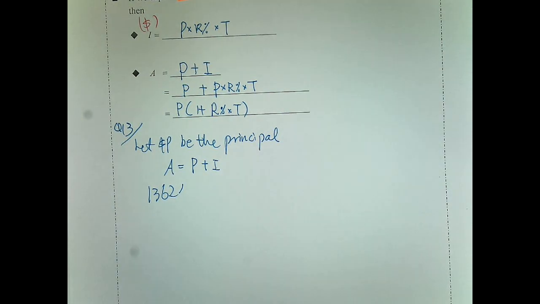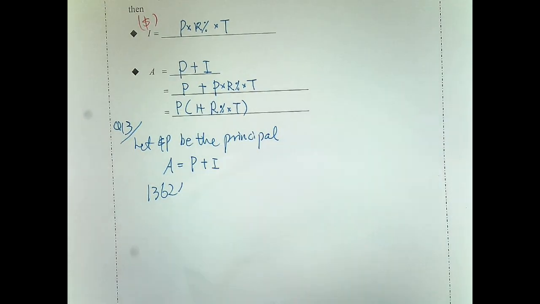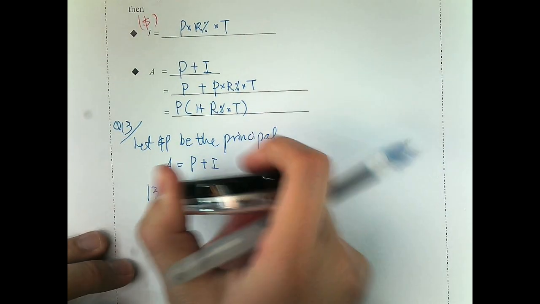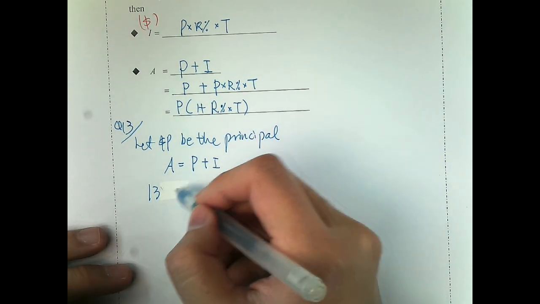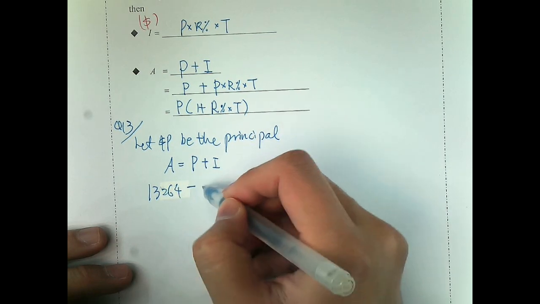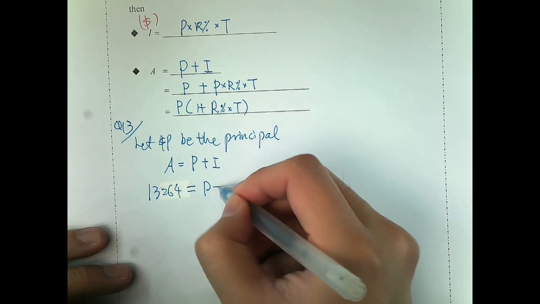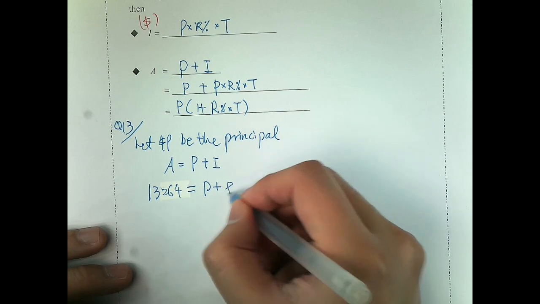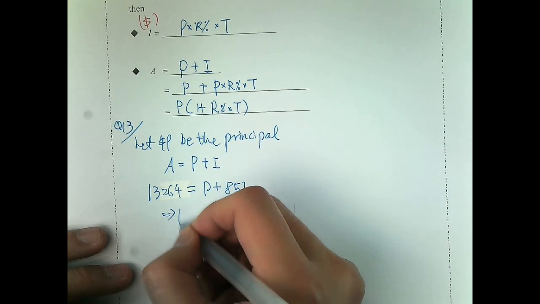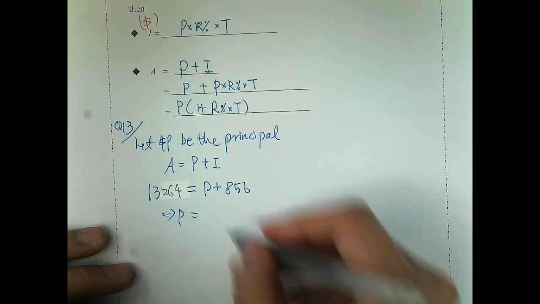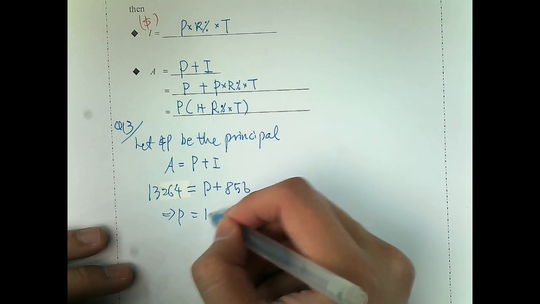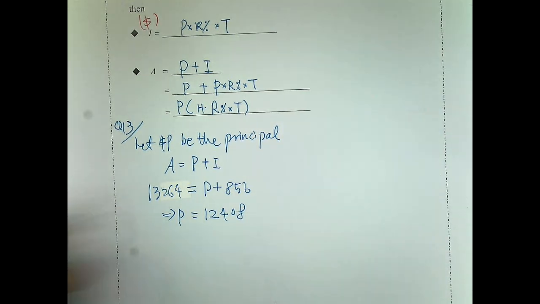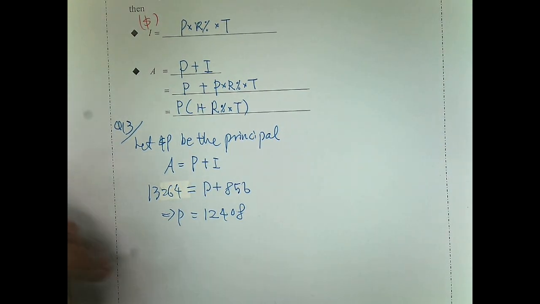This should be 13264. I made it wrong. 13264 equals P plus, okay? The I is 856, right? So you can calculate the P. So I just give you the answer, 12,408.